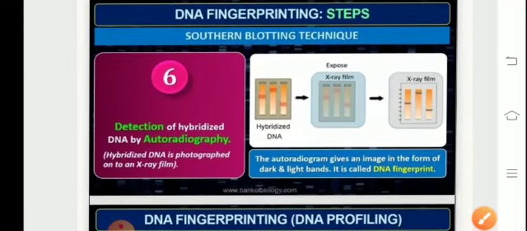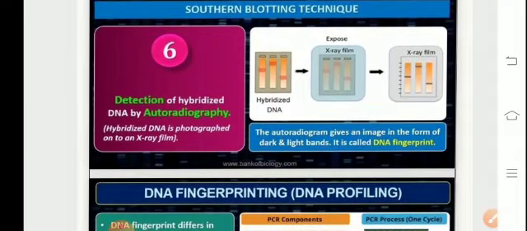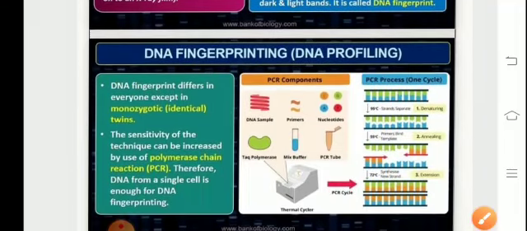In the next step, we'll carry out the detection of the fragments which have hybridized with the probe with the help of autoradiography. So hybridized DNA can also be photographed onto an X-ray film like this over here. The autoradiogram will give the image in the form of dark and light bands, and that is what is referred to as DNA fingerprinting.